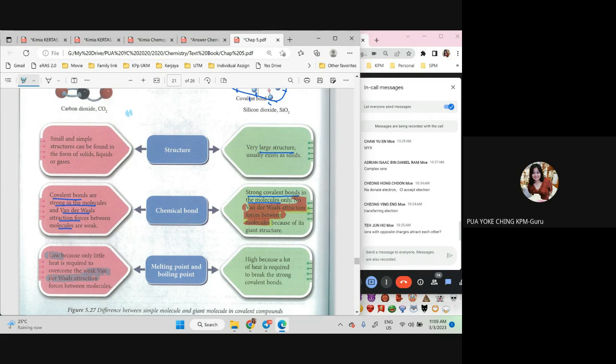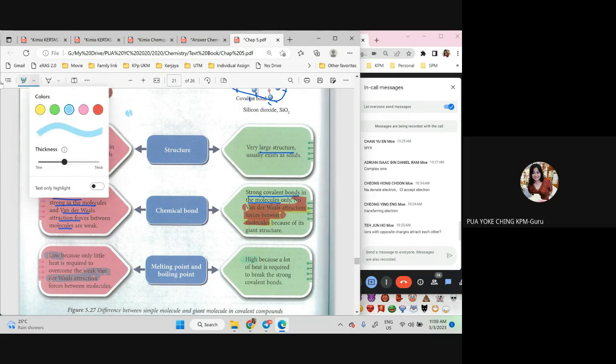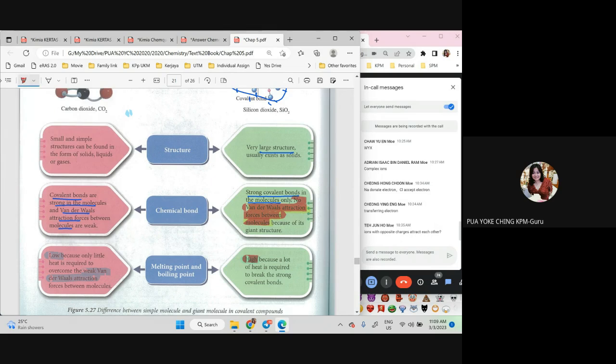Tapi untuk giant molecule, you have high melting and boiling point sebab dia tak ada weak van der Waals forces yang nak di overcome. Dia hanya perlu break the covalent bond. Okay? So itu perbezaan dia untuk simple molecule and giant molecule.